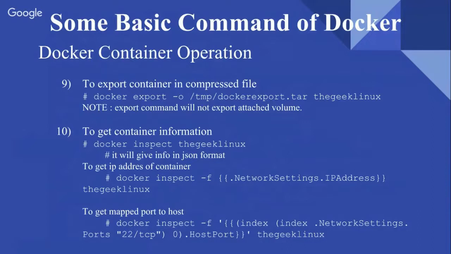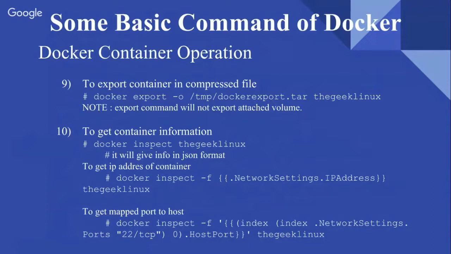And to get container information, docker inspect and the container name, it will give a json file that has everything, like container ip, container networking, container volume list, container environment, and all the things.